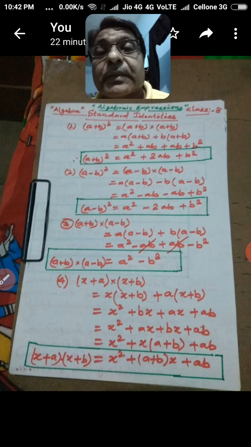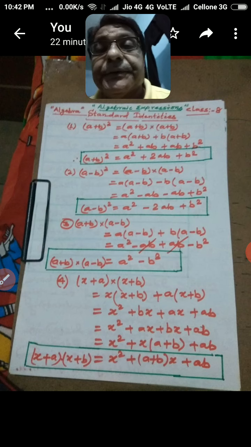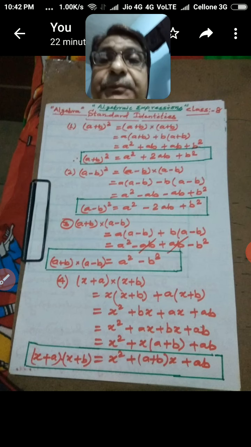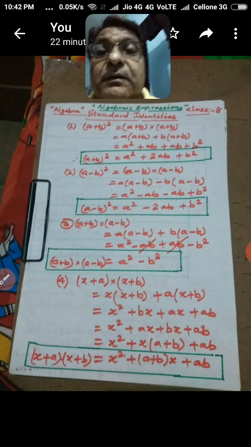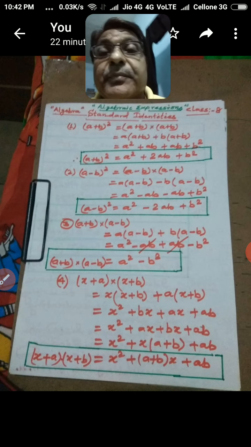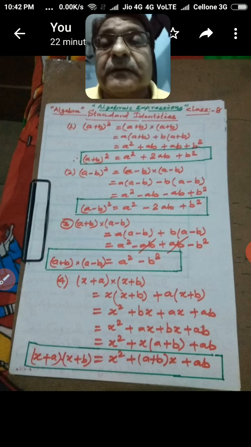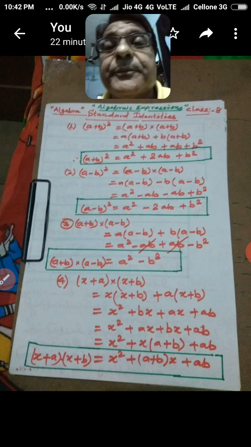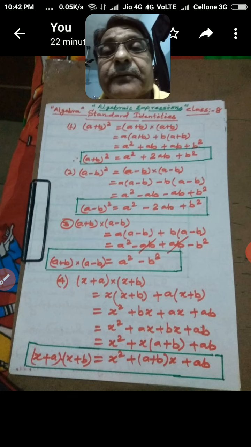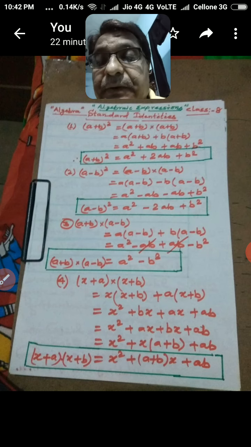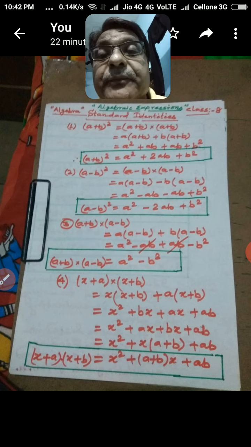So now from that point we will recapitulate all these concepts which you have taken in class 6 as well as in 7. Starting from that point, in brief, we will come to our curriculum.